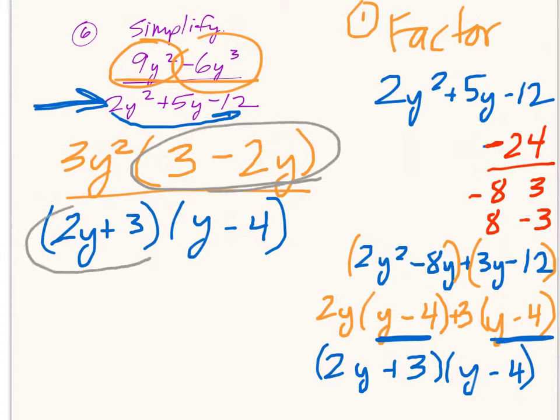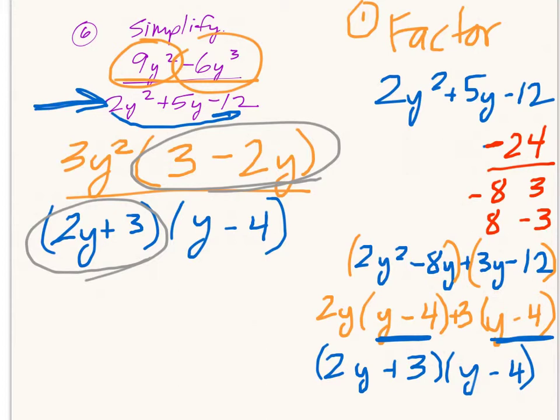This is close to that, but not quite there. This is where, if you looked at the example in the book, you can factor out a negative 1. You can do that out of anything. We're going to do it out of the numerator's 3 minus 2y to get that negative 2 to be positive.